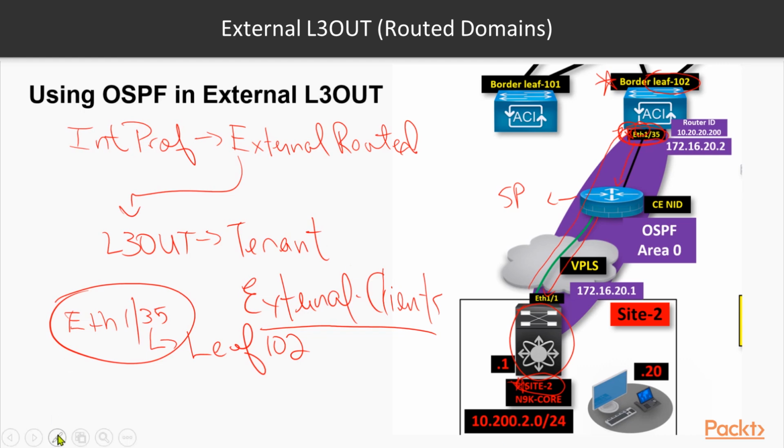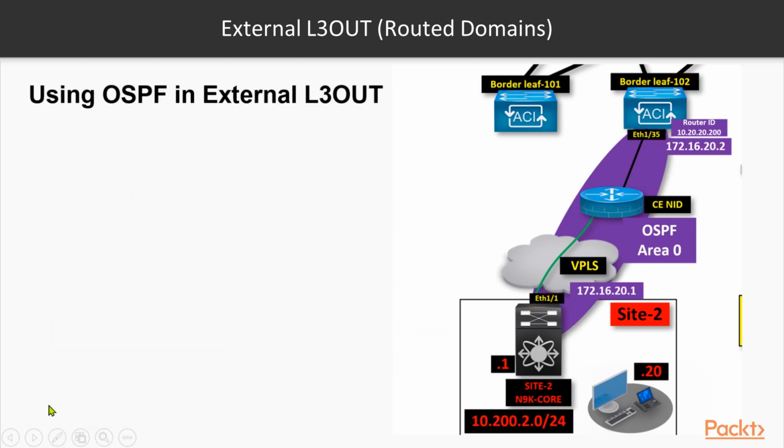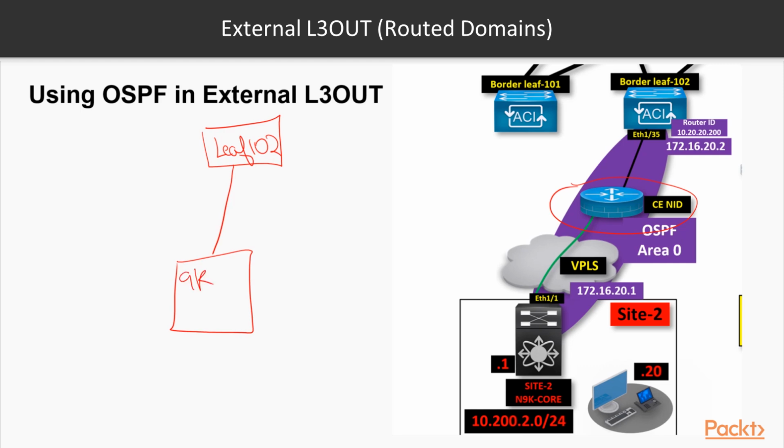Let me clean this real quick. So the end goal for us is to have Leaf 102. And we know that we are seeing here a provider router. Don't even care about it. Think of it, it's just a layer 2 link. So we're connecting from the border leaf all the way to site 2, which has been extended with a service provider, right? So from Leaf 102, we're going to connect to a 9K running NXOS mode.